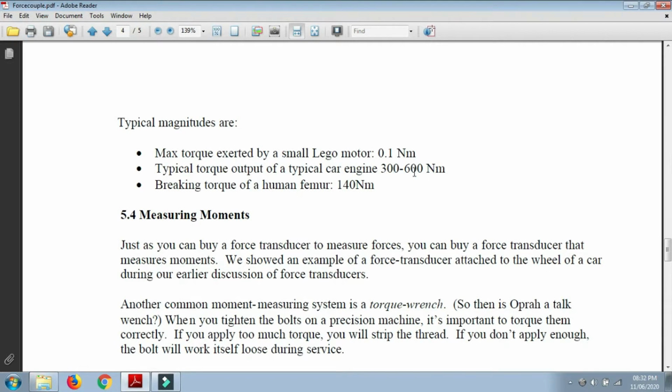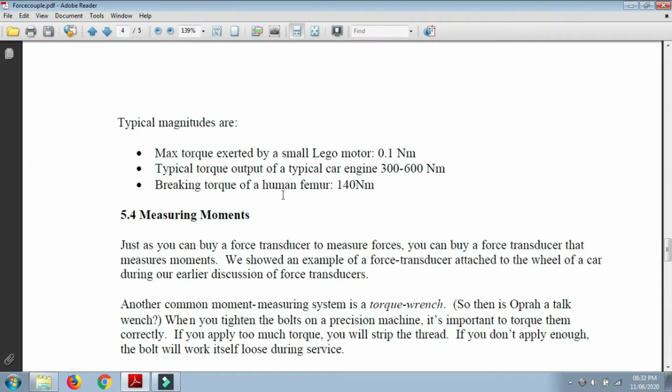Like if you have sports cars or Ferrari or basically Grand Prix, F1 Grand Prix cars, they will have very high torque. Breaking torque of a human femur: if you accidentally fell down and your human femur bone breaks.